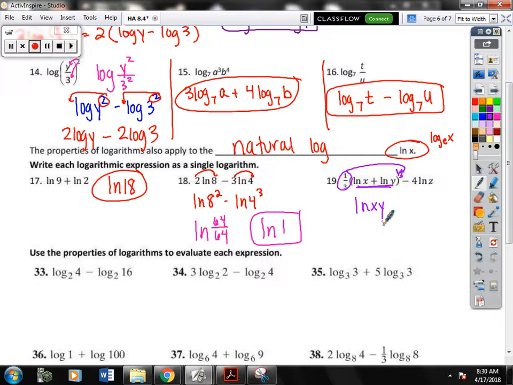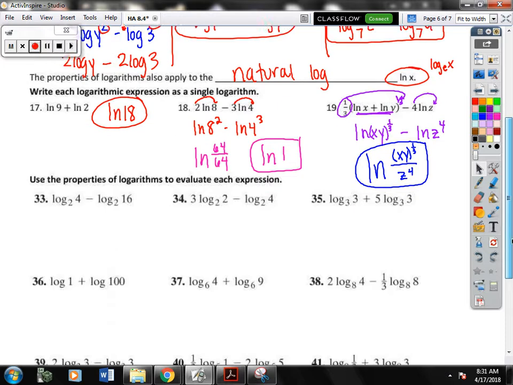So that'll be xy, quantity to the 1/3, minus, this 4 will go up top, so the natural log of z to the 4th. And then at the end, we can divide those. So it'll be natural log of xy quantity to the 1/3 power over z to the 4th. You could also distribute and make it x to the 1/3, y to the 1/3, but they both would need that power.